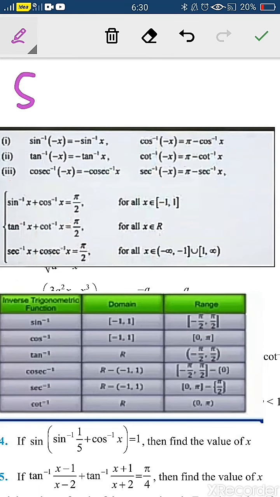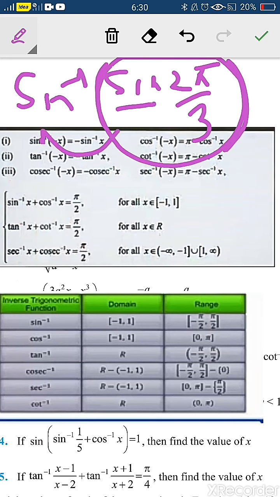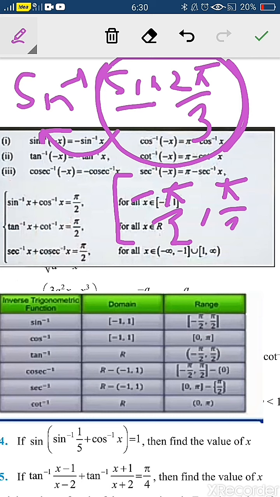Sine inverse of sine of 2 pi by 3. This is the question. Sine of 2 pi by 3 is in the domain of the sine inverse function, and the domain is minus 1 to 1, a closed interval.